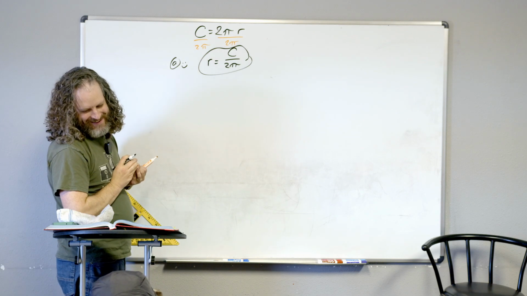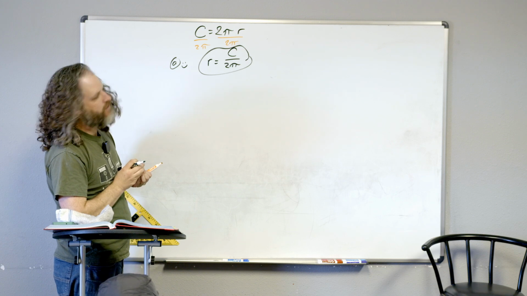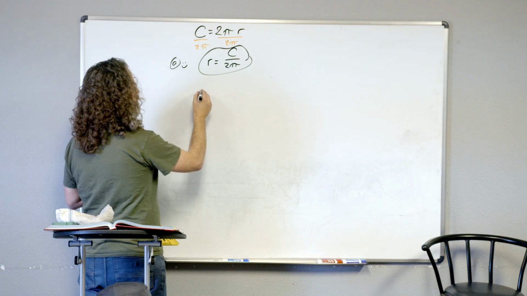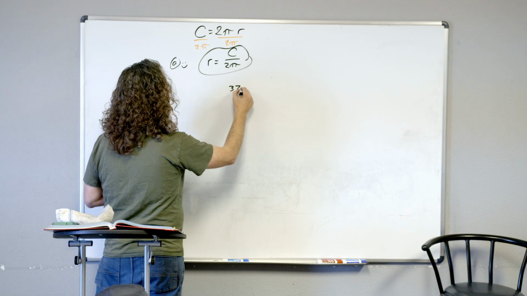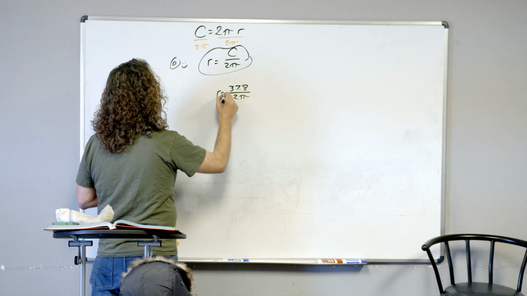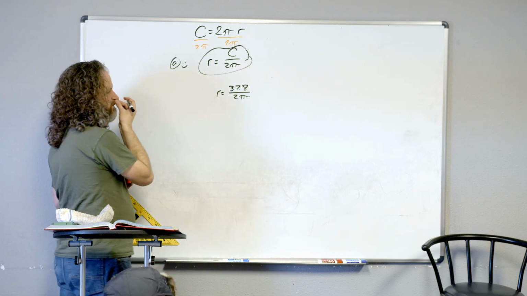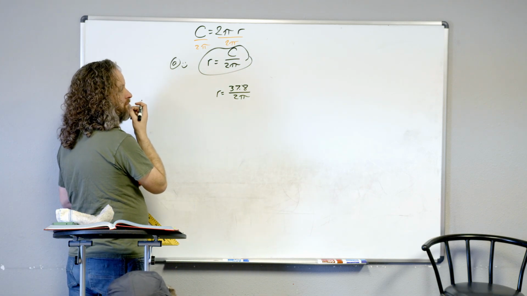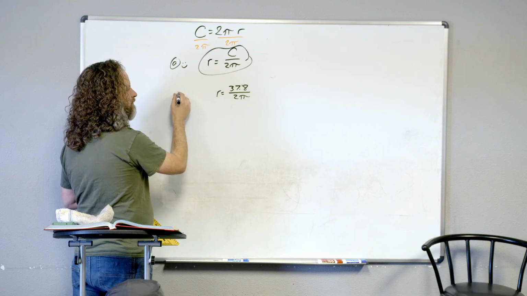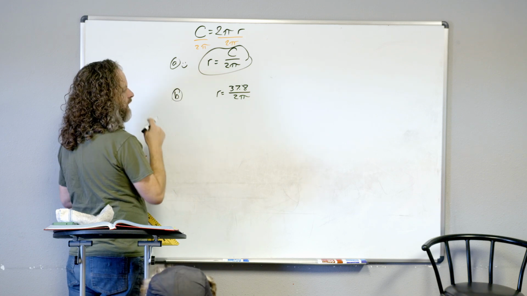Okay. Now for 16 part B, it says find the radius of the yo-yo. And it gives us that the circumference is 37.8. So what do we do now? Multiply 2 pi out. Yeah, that's fine.